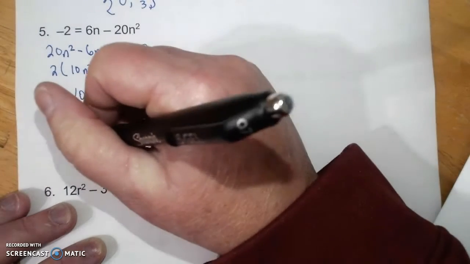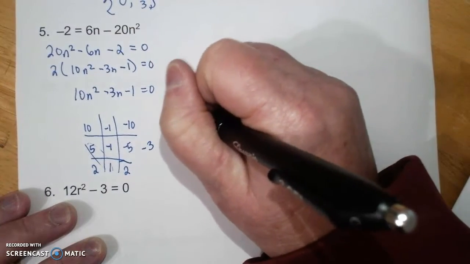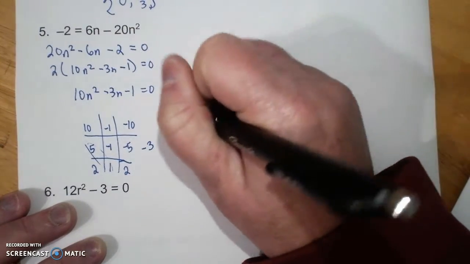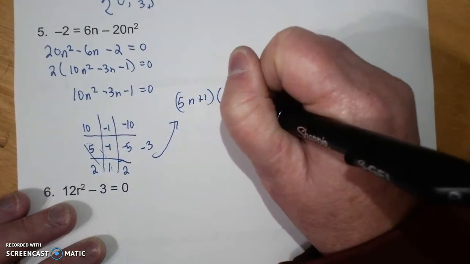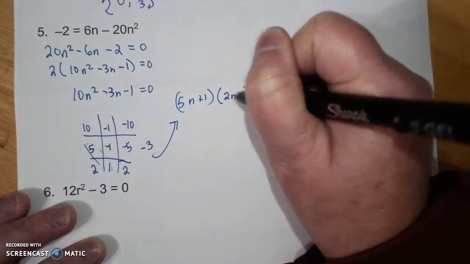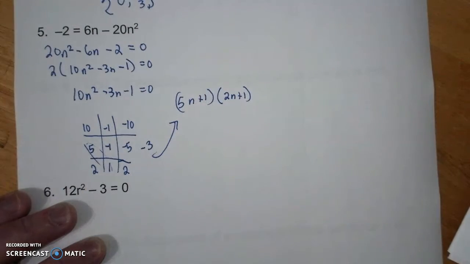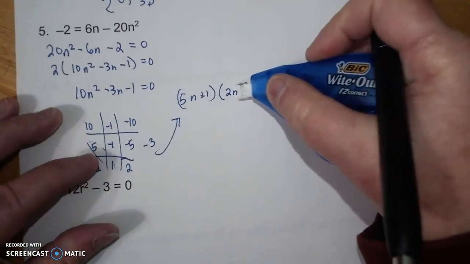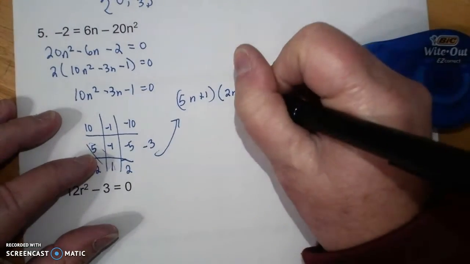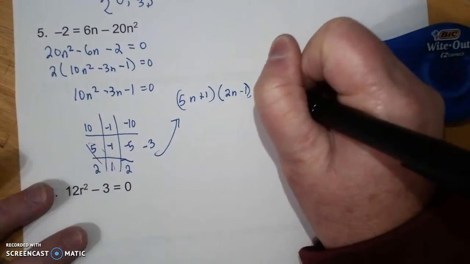And so I have 5n plus 1 and 2n minus 1 equals 0.